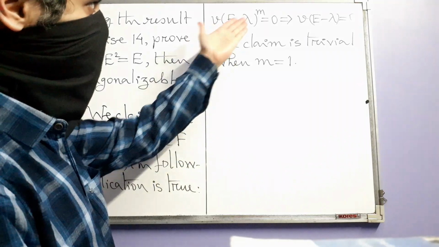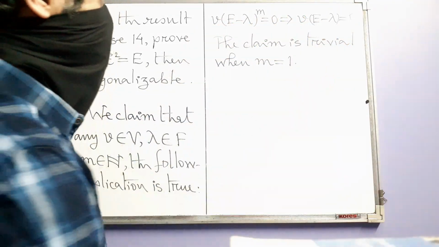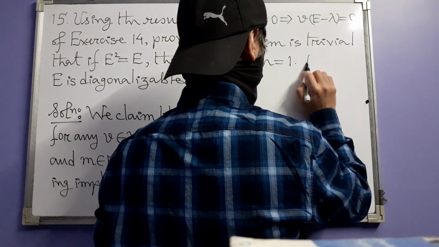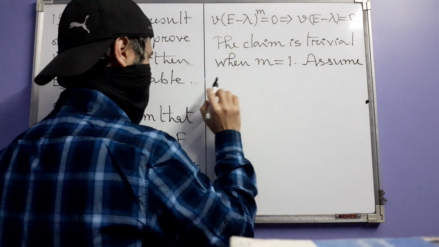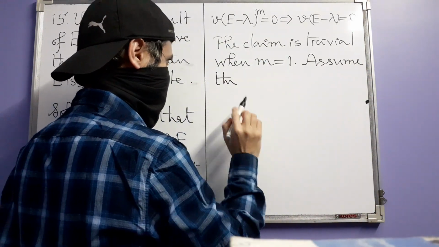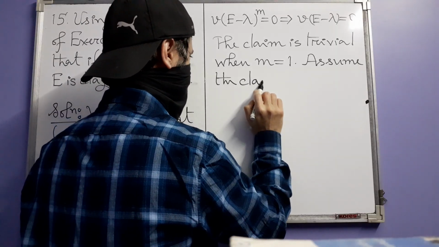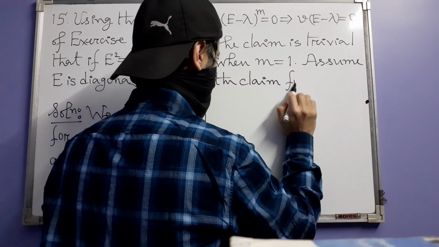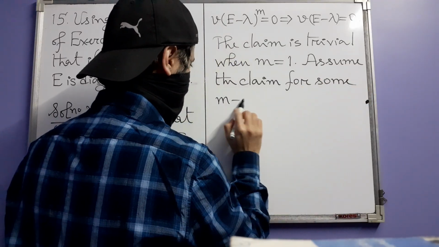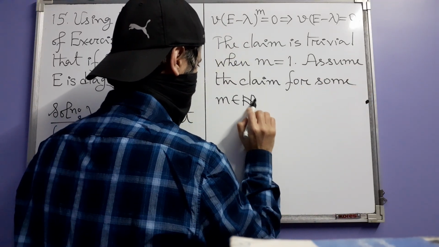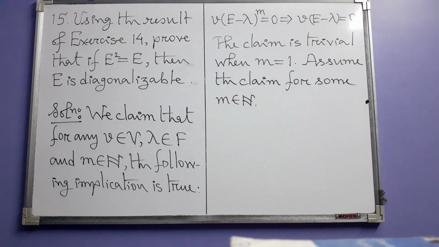So if that is true, then automatically this is also true. Assume the claim, that is, assume that the claim is true for some positive integer n.